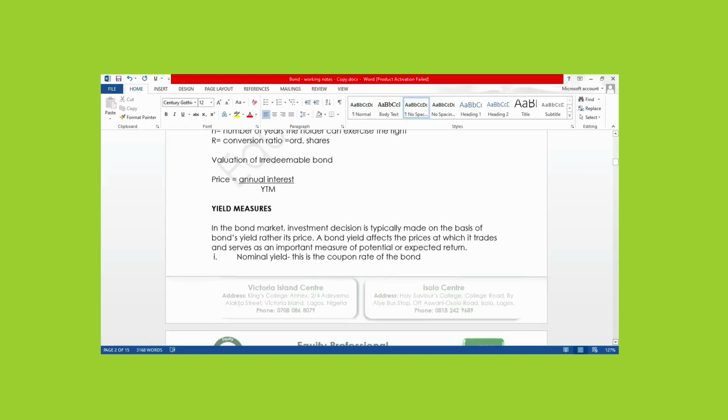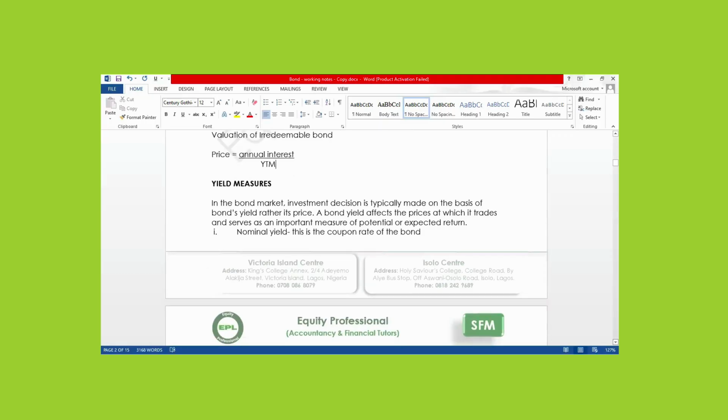There are three types of bond yield. One, nominal yield. The nominal yield is the coupon rate of the bond.